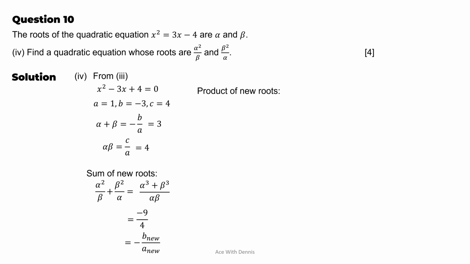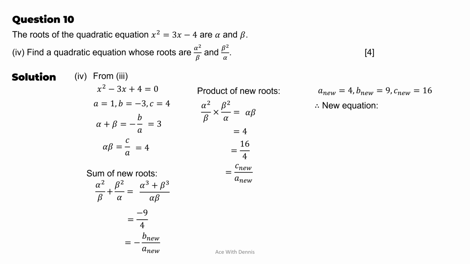Next, to find the product of new roots, alpha squared over beta times beta squared over alpha will give us alpha times beta, and the value is 4. This is 16 over 4, and it is c new over a new. Therefore, the a new will be 4, the b new will be 9, and the c new is 16. Now we can form the new equation, which is 4x squared plus 9x plus 16 equals 0.